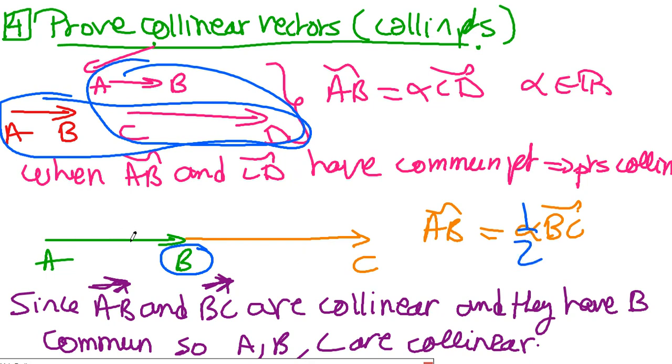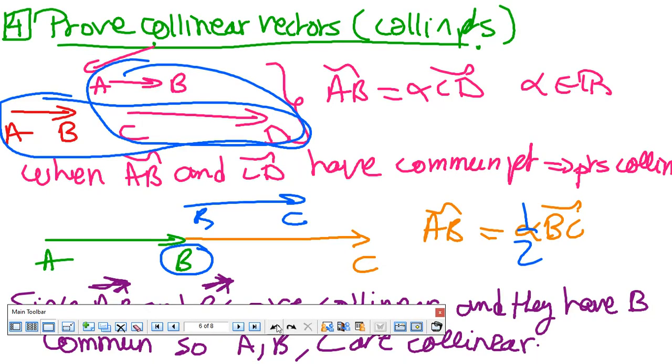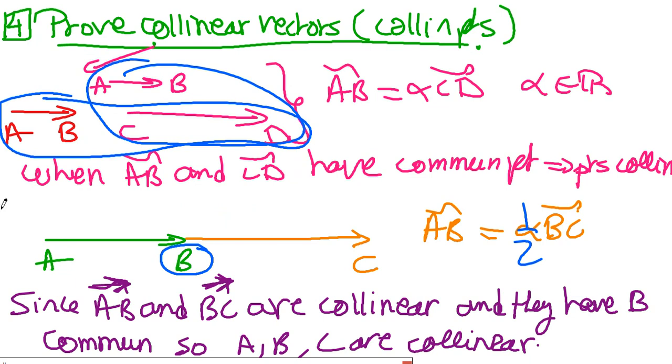If I say AB equals half BC, you cannot draw BC from here because you need to continue from this one. And when I say equal, it means they should be either parallel or on the same line. I cannot draw from B a parallel line to AB. So when two vectors are collinear and they have a common point, I can deduce directly that I have collinear points. So like here, I have AB equal to half BC.